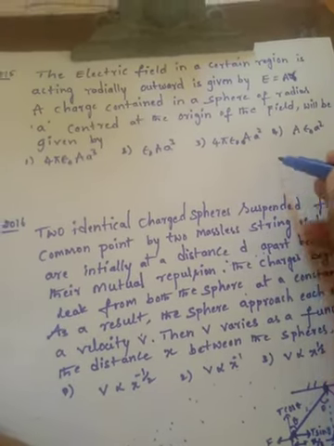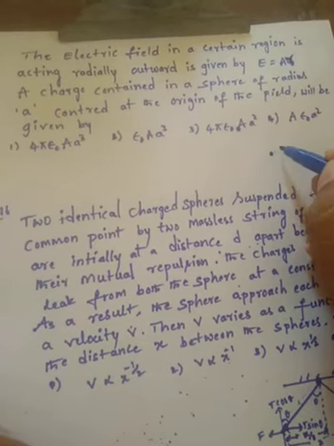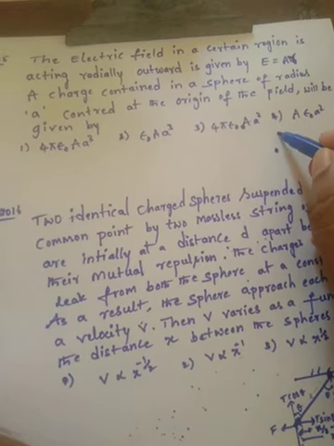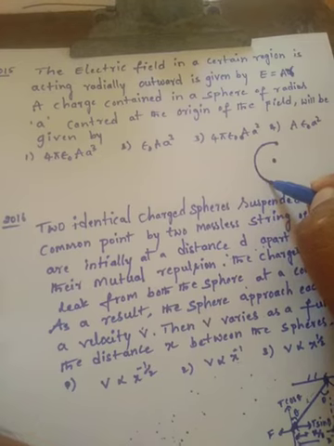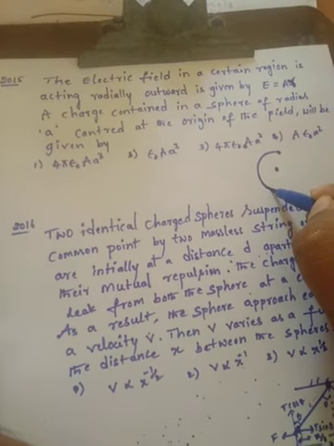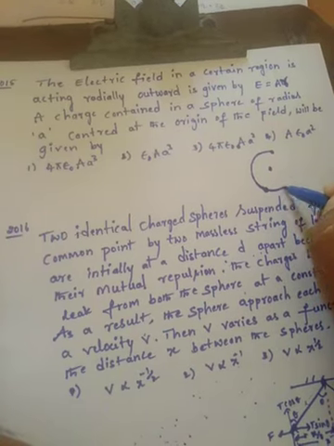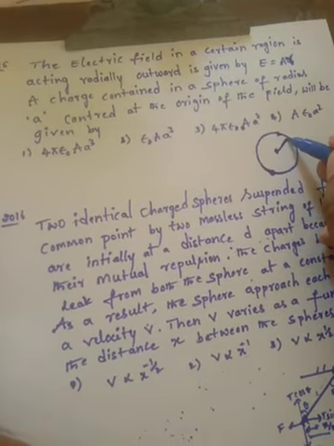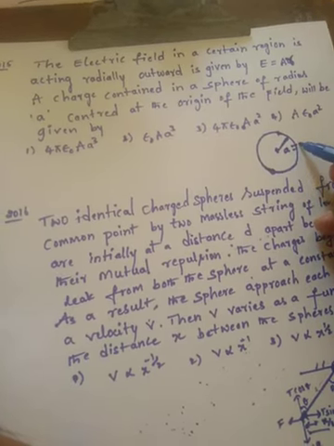One charge is placed at its center, and the fields are acting radially outward, and that's radius is also r, and the charge is contained in the sphere of radius a. Therefore, when I take this sphere a, then that is equal to r.